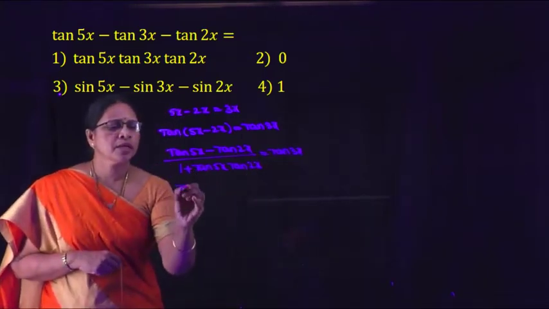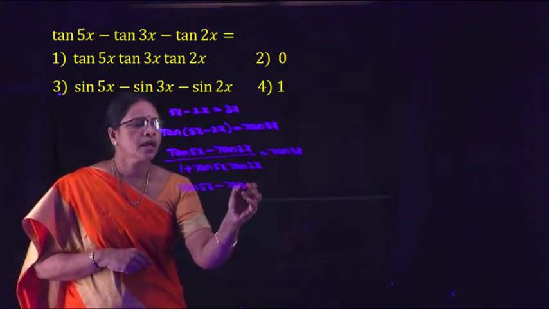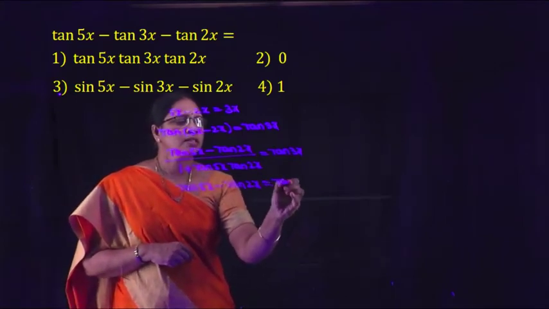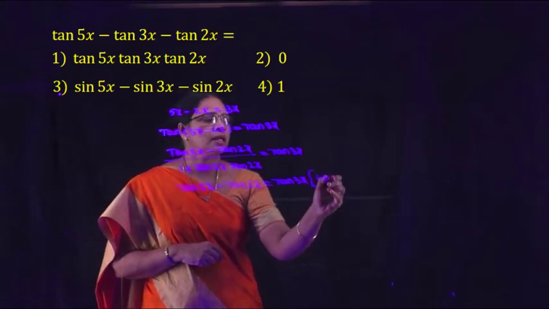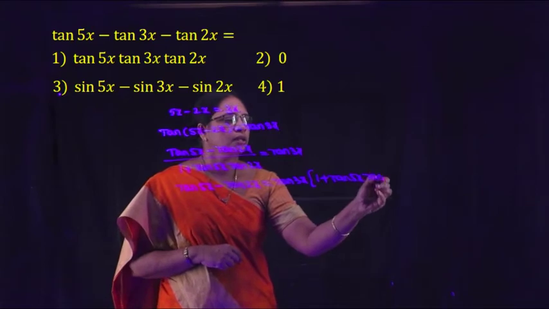By cross multiplying we get tan 5x minus tan 2x is equal to tan 3x into (1 plus tan 5x into tan 2x).